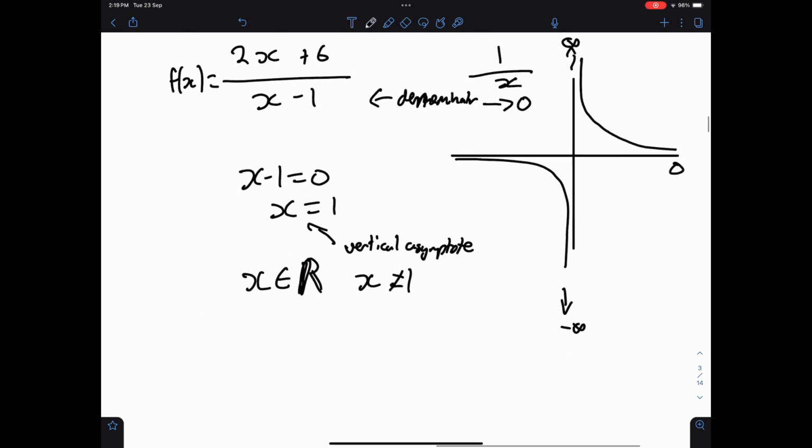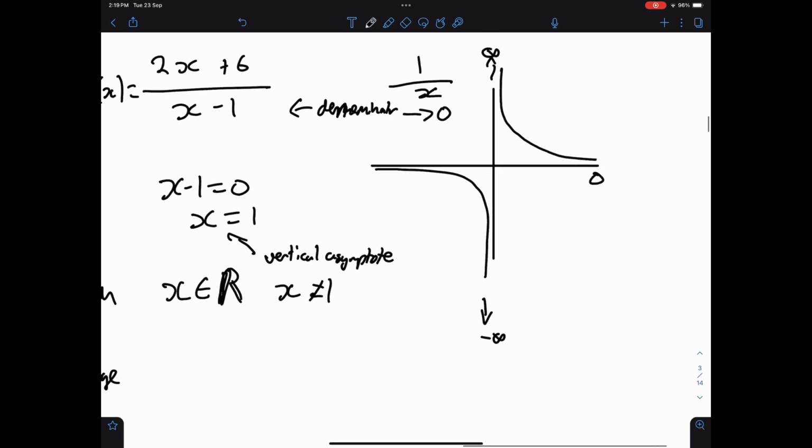And now let's think about the range. Now the range, you can actually go any number because we're going from negative infinity to positive infinity. This is 1 over x, by the way. But it can't be 0. It's got asymptotes at 0.